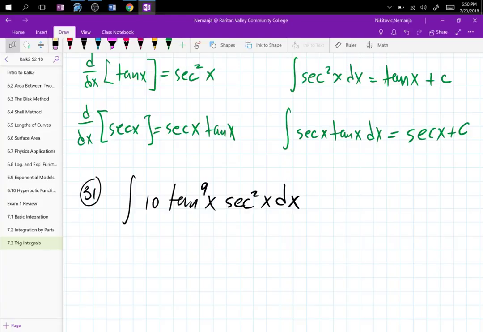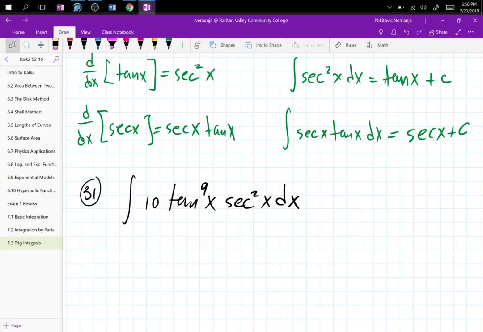This is a one-liner problem. It looks terrible, right? You also see the secant squared. You might start freaking out. Don't, because the derivative of tangent is secant squared. When you see secant squared, you won, because the problem is the basic u sub.